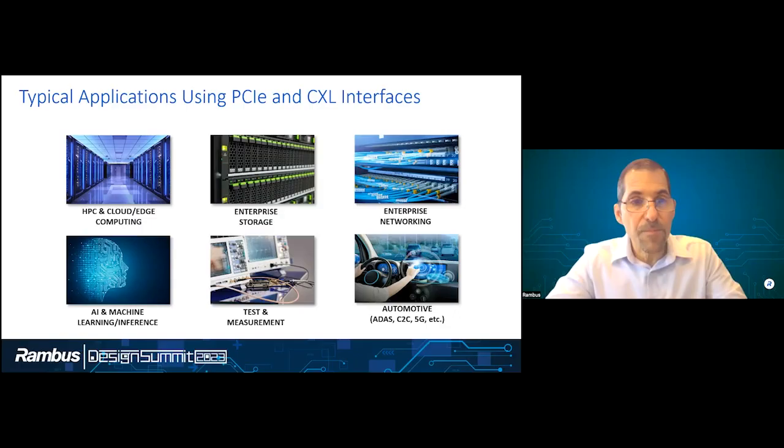In the lower left, now we come to something that everybody's probably heard about in the industry: artificial intelligence, machine learning, and inference. More and more connectivity to the server CPUs is with either graphic accelerator cards or FPGA-based or even ASIC-based AI engines, as you've heard in the industry. Google has the TPU, Amazon has Trainium, you've heard of Habana from Intel, and so forth. These are all attached to the server via PCI Express.